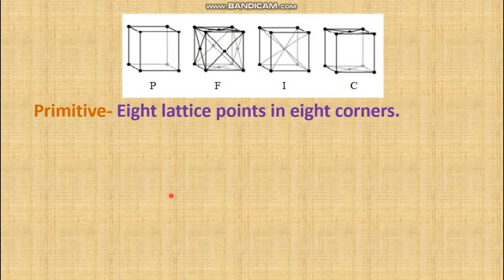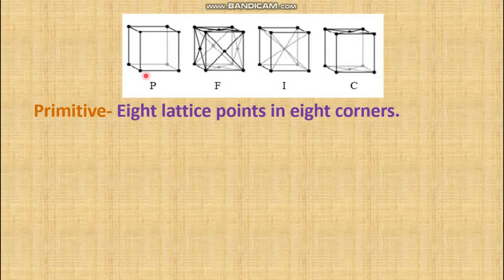Now let's describe them. In the primitive, there are 8 lattice points at the 8 corners. That means this geometrical shape has 8 corners, and all 8 corners are occupied by lattice points, and no other part is occupied by any other lattice point. So this is known as simple.